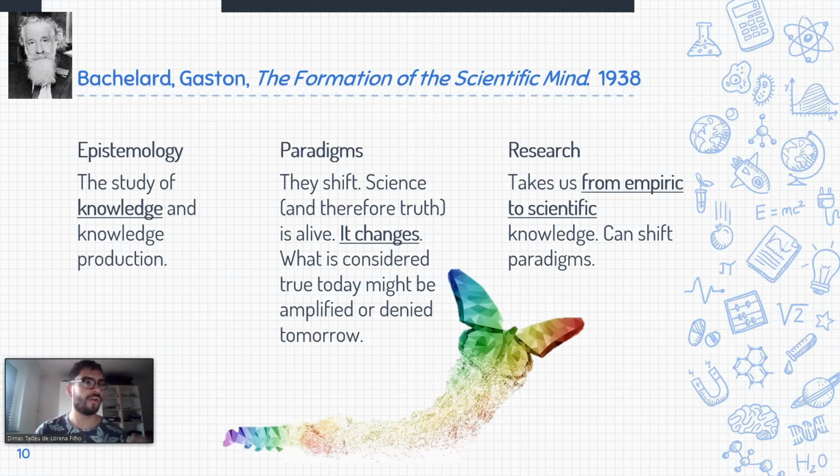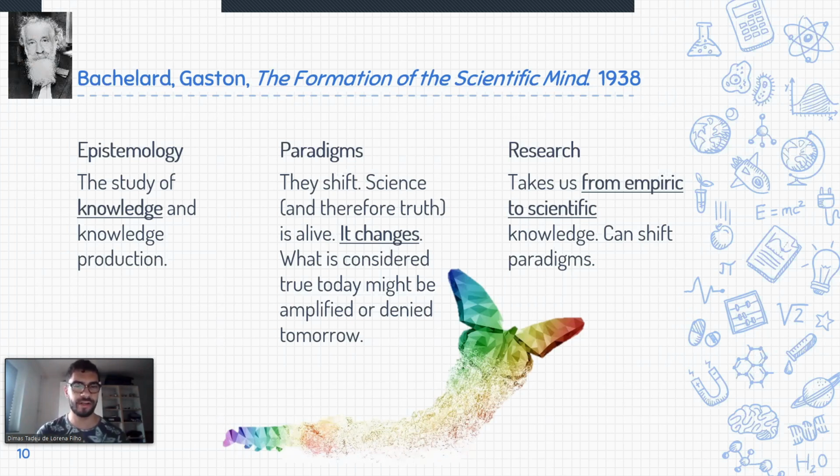And the first thing. So epistemology is the study of knowledge and knowledge production, is what I just said. And Bachelard is one of the main epistemologists we know. And then there are paradigms, and this is what you were talking about, Niels. And so they shift.